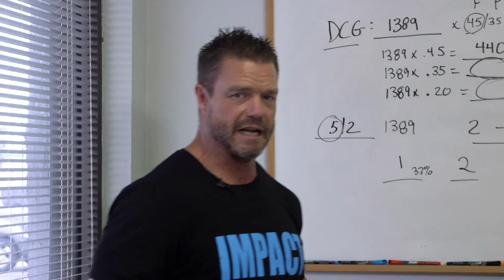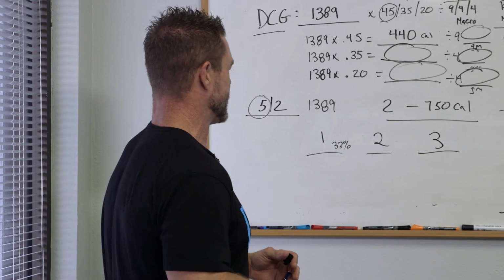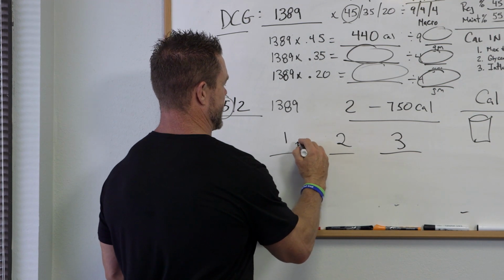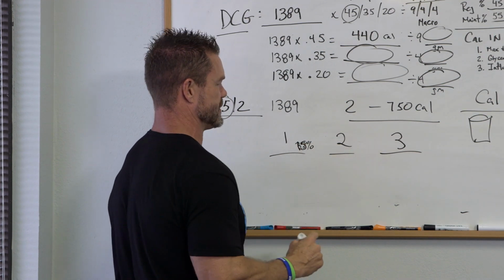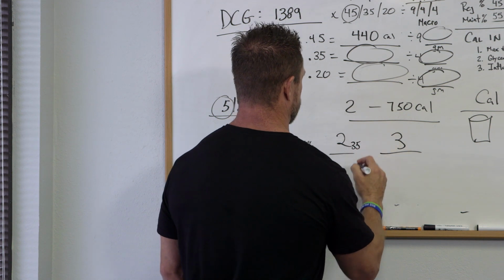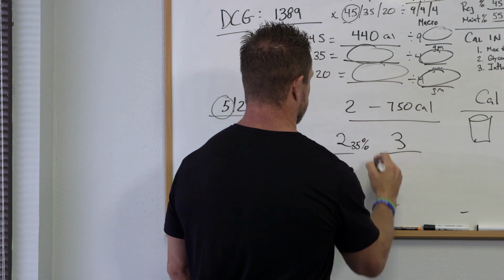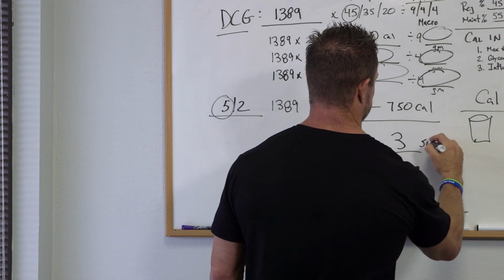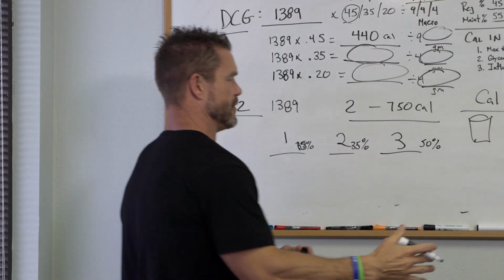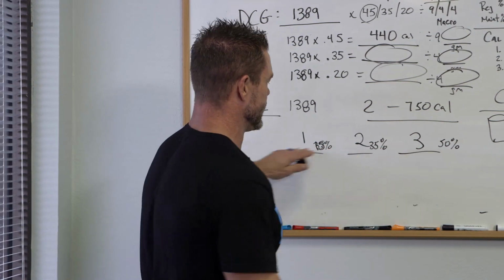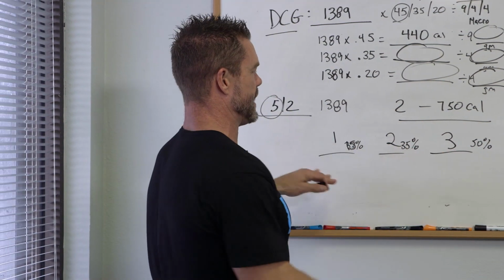If you're like me, I'm not a big eat-a-lot-of-calories-at-breakfast type person. So I actually only have about 15% of my calories at breakfast, and then I would do 35% at lunch, and so that leaves 50% for dinner and or an afternoon snack. So you have the flexibility to break that up however you want.